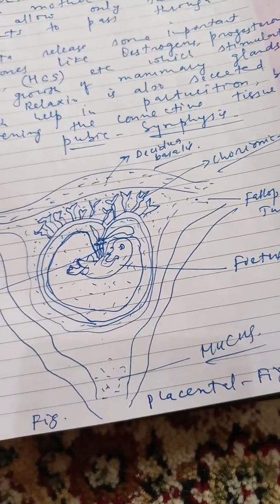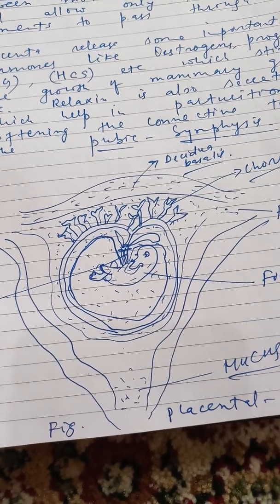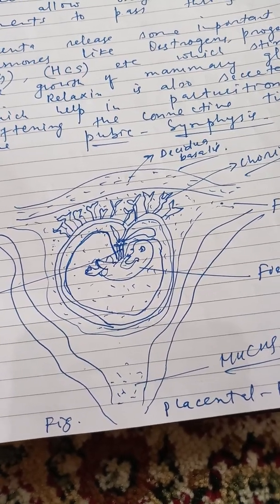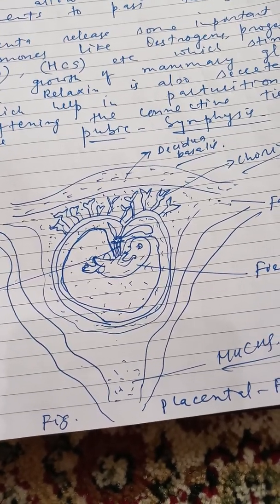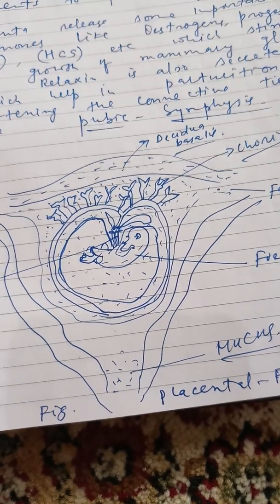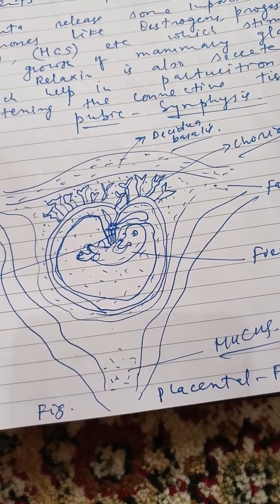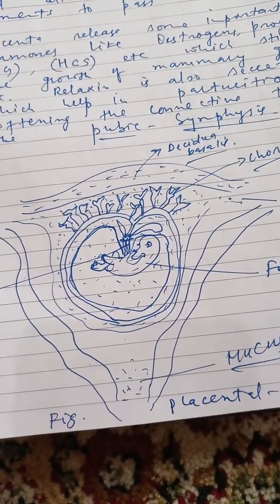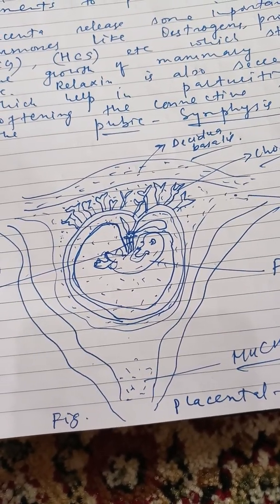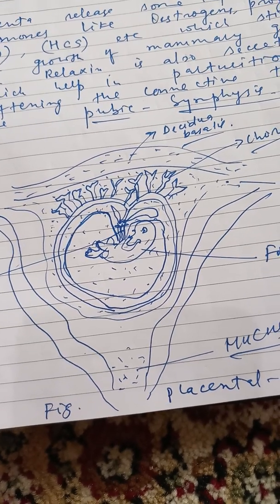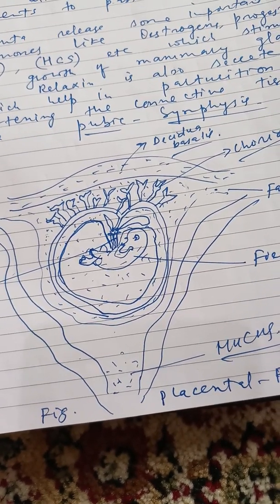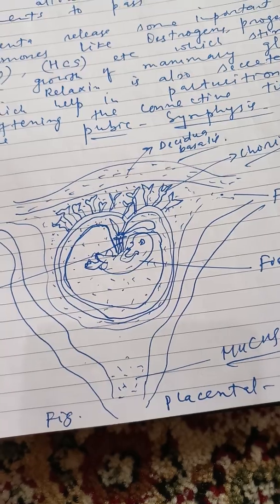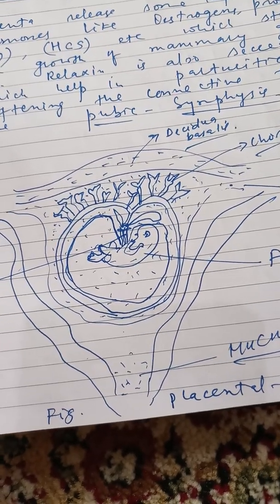And in addition, it also releases another hormone known as relaxin. This is also an endocrine hormone, and relaxin relaxes the pubic symphysis and uterine wall of the mother during parturition, in order to provide ease during the delivery.